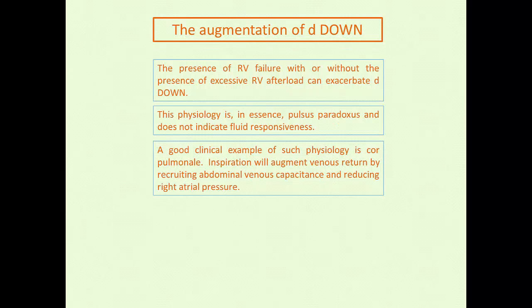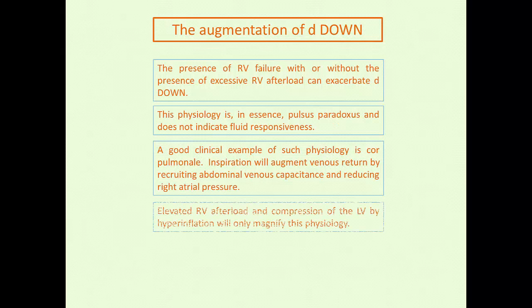A good example of such physiology is cor pulmonale. Inspiration will augment venous return by recruiting abdominal venous capacitance, therefore improving the pressure head for driving blood back to the right heart and simultaneously reducing right atrial pressure. So you dramatically increase the gradient for blood return to the right heart.